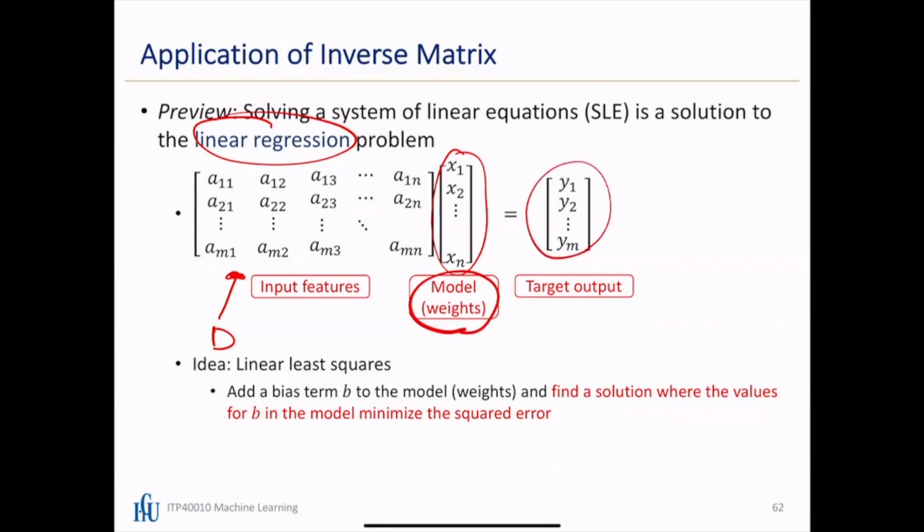And the output becomes the target output. So given D, we want to learn some kind of prediction model that transforms the original data to the output. We are going to study this function f(x) that transforms D into Y.